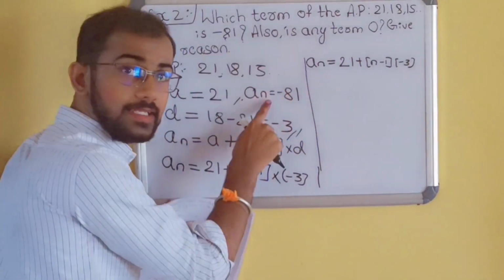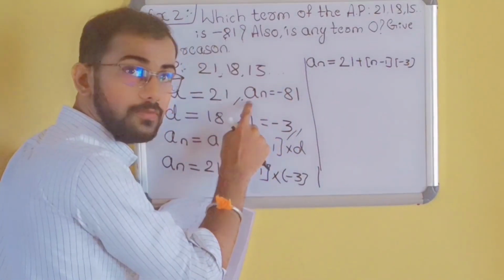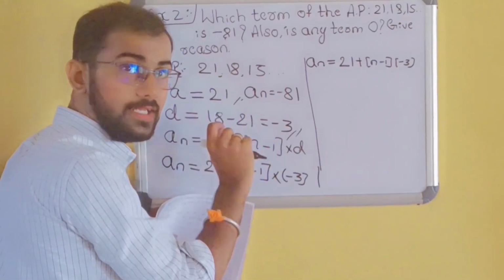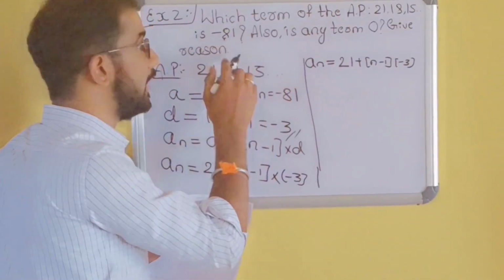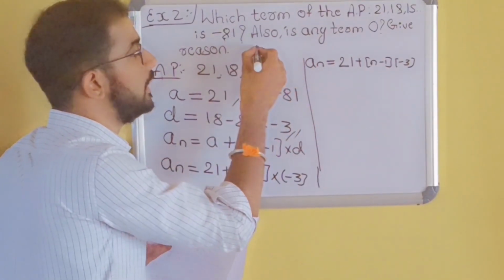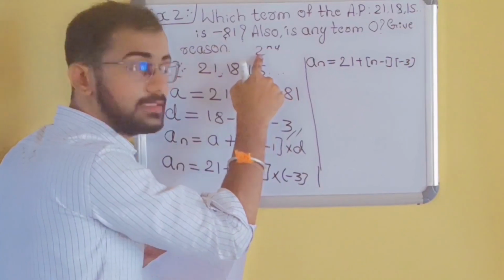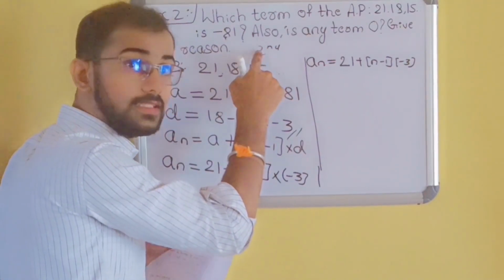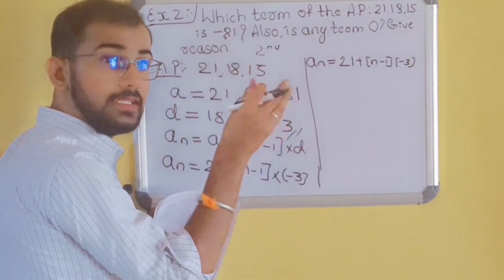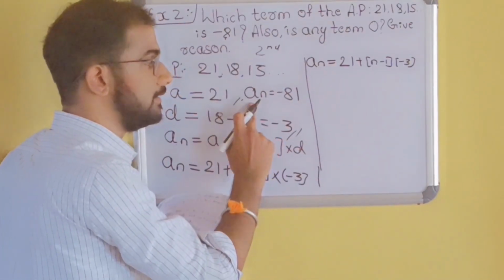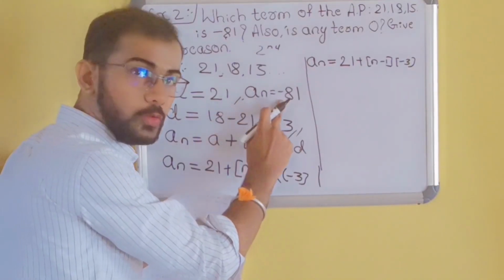So minus 81 is the term value of an, not n. If they had asked to find the second term, then the value of the second term would be what we find. But here the term value is given, not the value of n. That's why I have taken an equals minus 81.